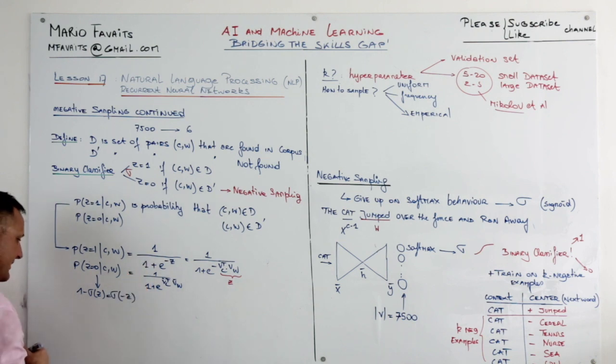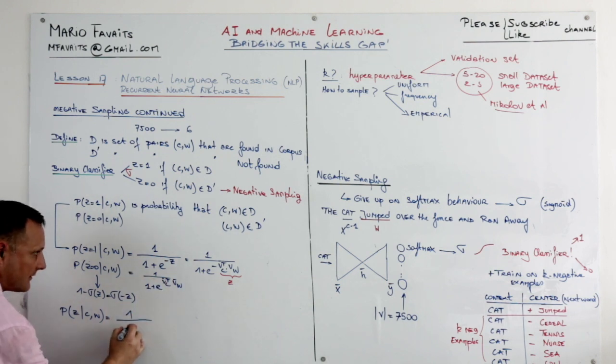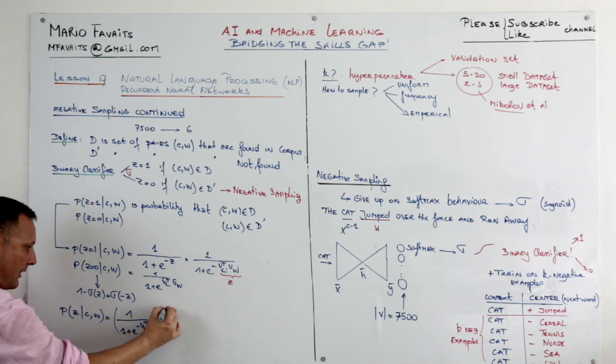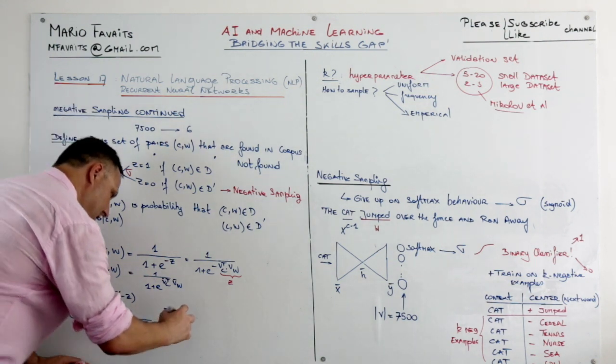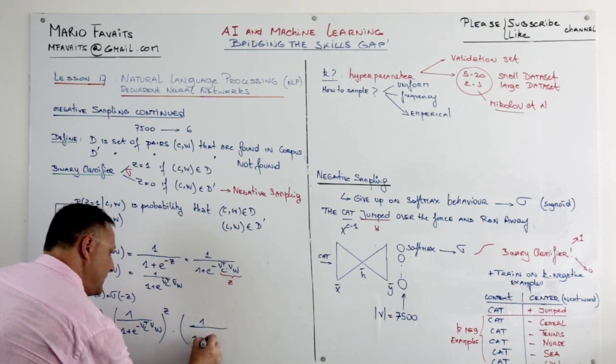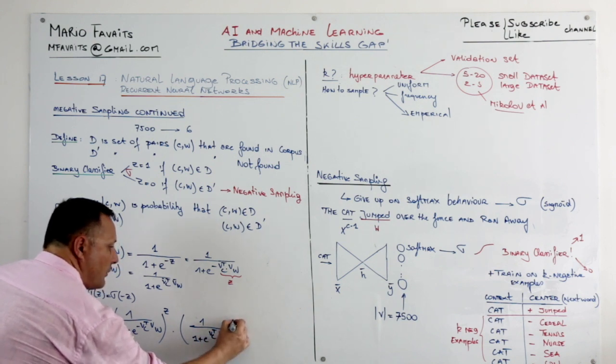So now we can merge these two. So the probability of z given context and center word equals, we're going to take this one, 1 divided by 1 plus e to the minus vc transpose vw, to the power of z. Then we multiply that with the other one, 1 divided by 1 plus e to the vc transpose vw, to the power of 1 minus z.